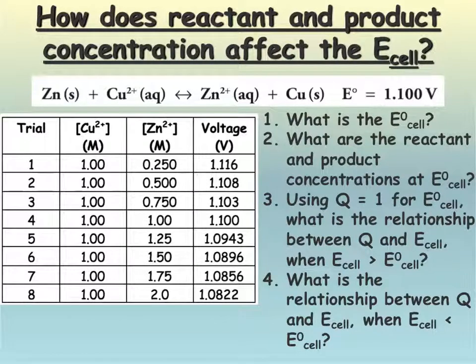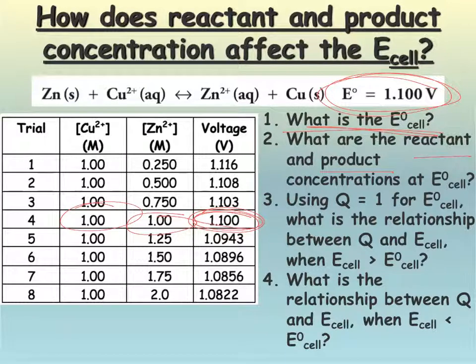All right, so if you look at this chart, we're still looking at that same reaction that we've been looking at. First thing, it wants to know what is the standard cell potential. Well, obviously, you see it right there. It's 1.1 volts. And then you can also find it right here on the chart. If you look, the reactant and product concentrations are 1 and 1 molar for that Ecell standard, or E naught.